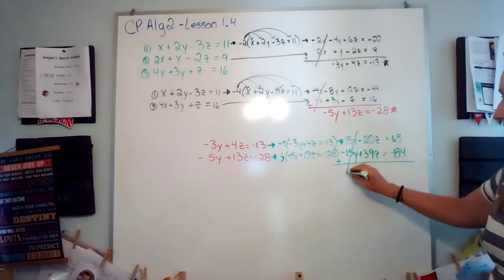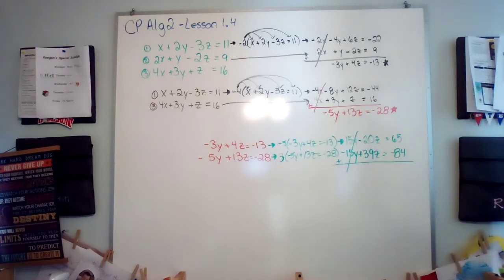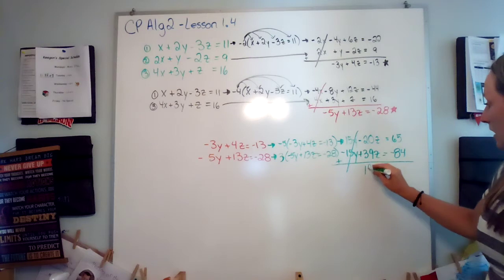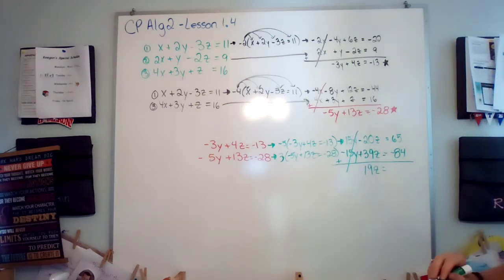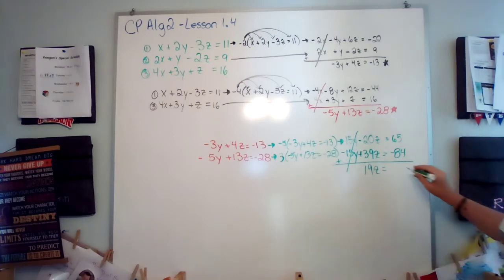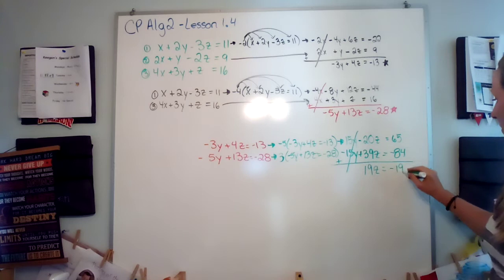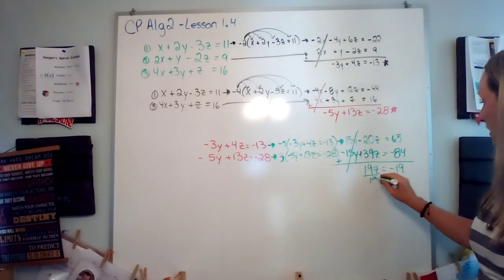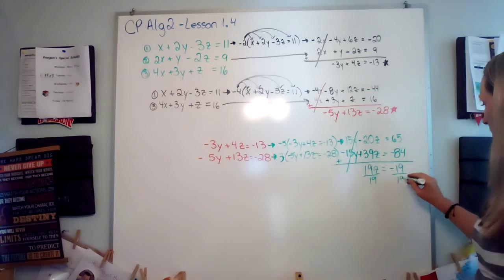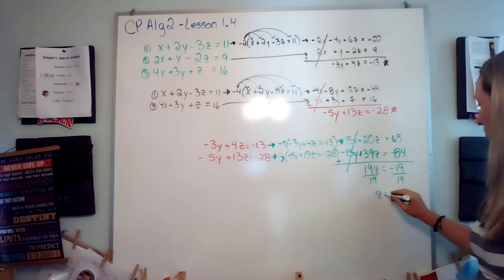Okay, the y's are eliminated. Negative 20 plus 39 is a 19z. And 65 and negative 84 is a negative 19. All right, divide both sides by 19. And you have z is equal to negative 1.